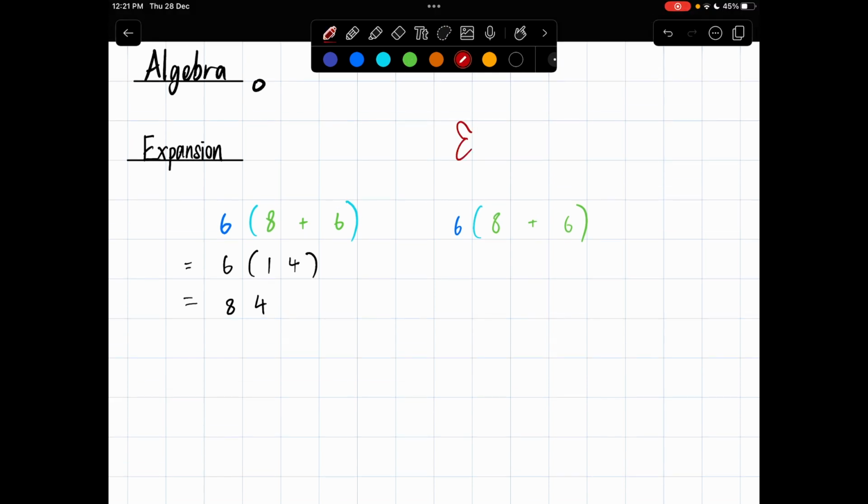If you're wondering what that is, this is my best attempt at drawing a butterfly. It may not look like a butterfly, but you understand the gist of it. The butterfly method is when you connect the number outside the bracket to the numbers inside one by one.